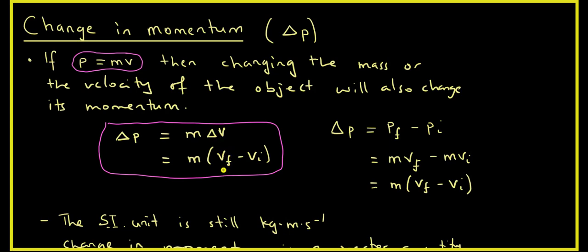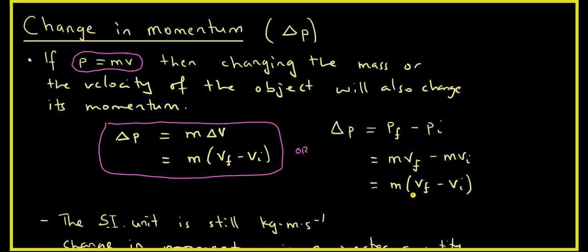For us to find the change in the velocity, we take the final velocity minus the initial velocity of an object. Or we can relate it like this: delta P is equal to the final momentum minus the initial momentum, which is the same thing as saying mass times the final velocity minus mass times the initial velocity.